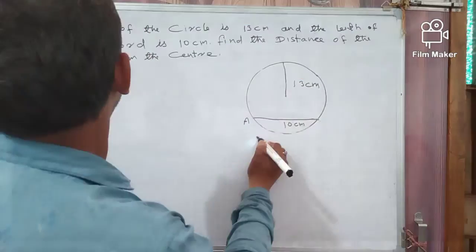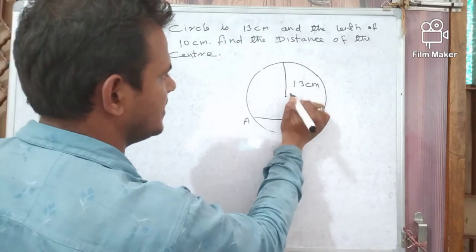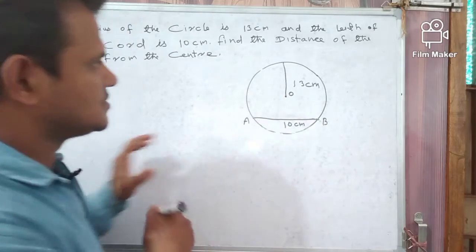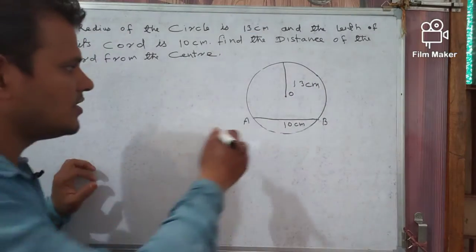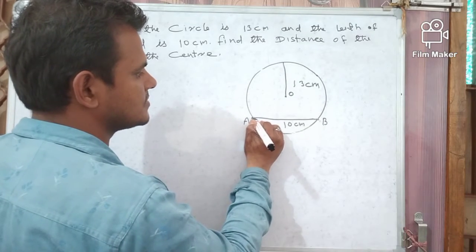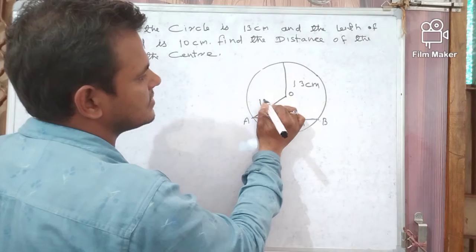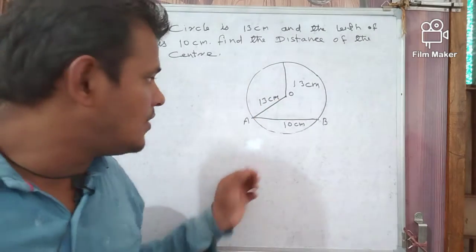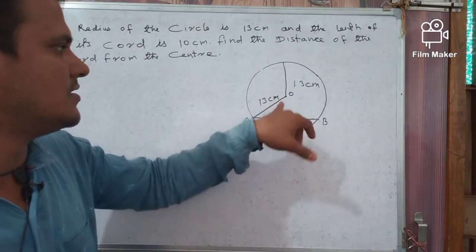This is A and this is B, and assume this is O, the center, right? So radius is 13 centimeter. Draw like this. This is also a radius, and this length is 13 centimeter, because you can draw a radius anywhere in the circle.